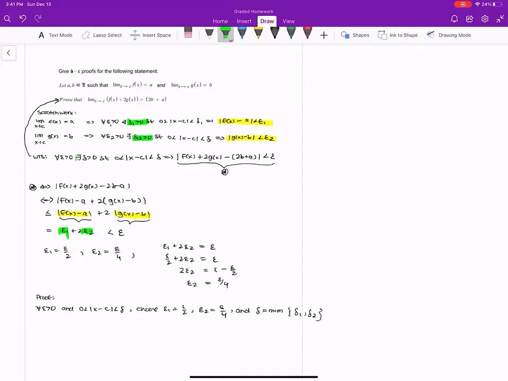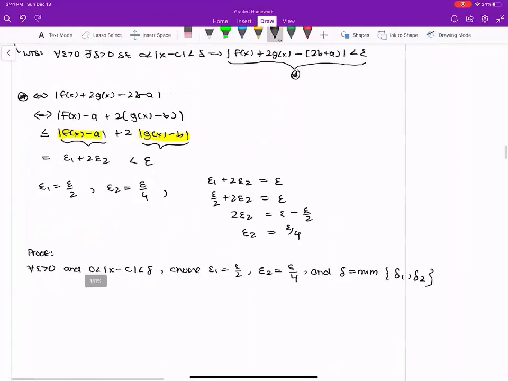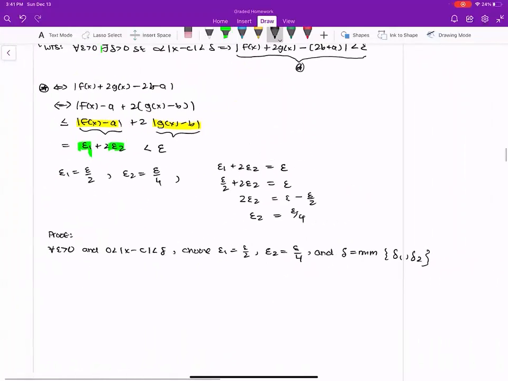So that's why we have to write that delta has to be the minimum of delta 1 and delta 2, else I would think you'd lose marks. Then we can write the absolute value of f of x plus 2g of x minus 2b plus a is less than or equal to the absolute value of f of x. These are the same steps.